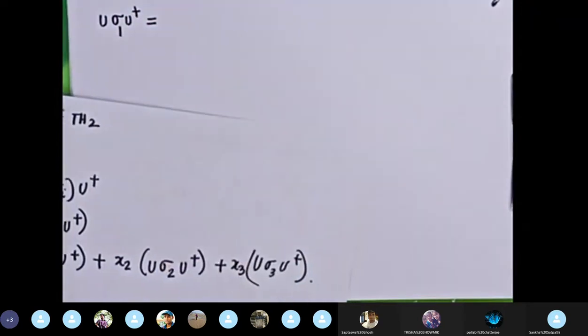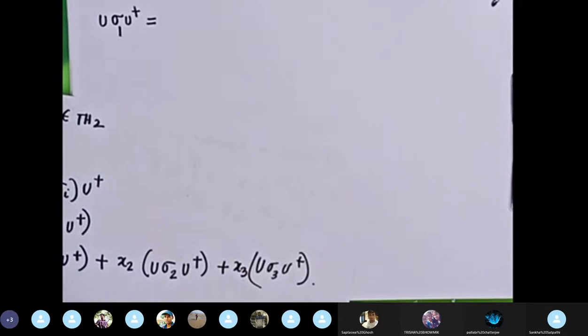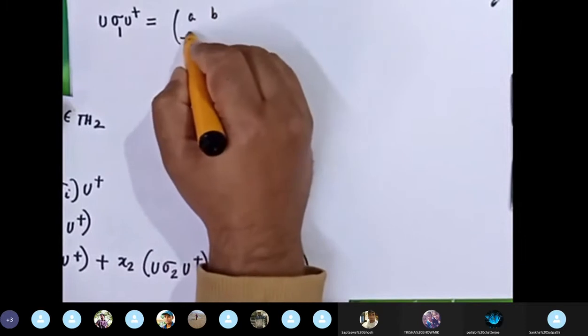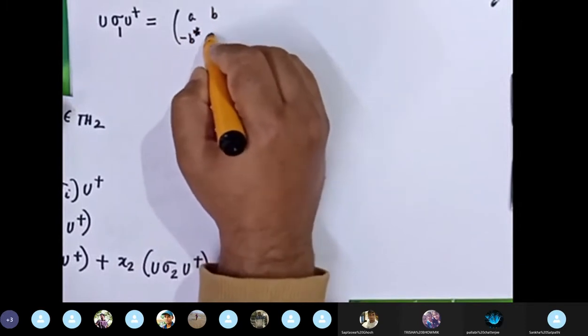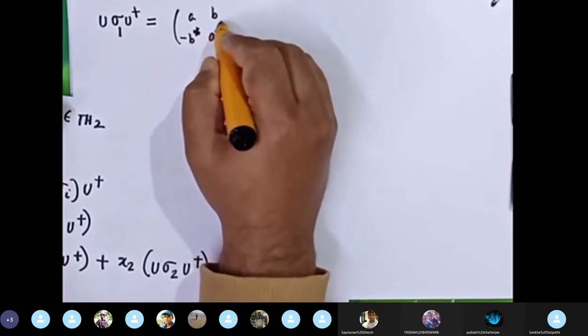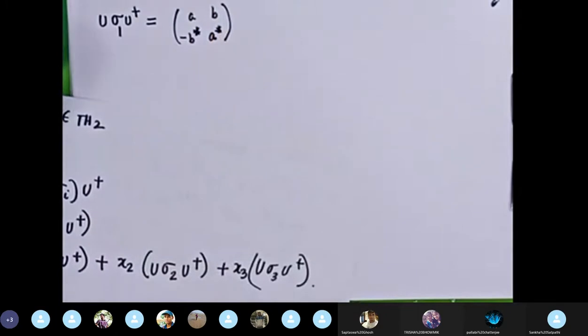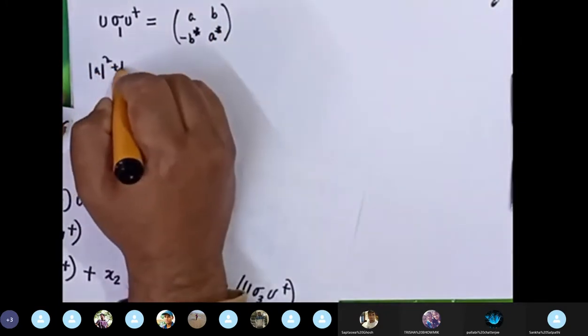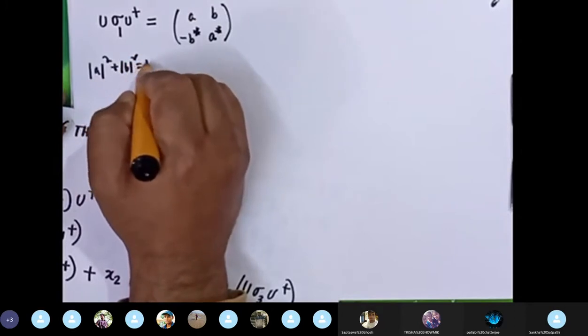So calculate u sigma u dagger for the first Pauli matrix. For every Pauli matrix I have to calculate this. For u I will write A B minus B star A star, where mod A square plus mod B square equal to 1 is implied. Clear?